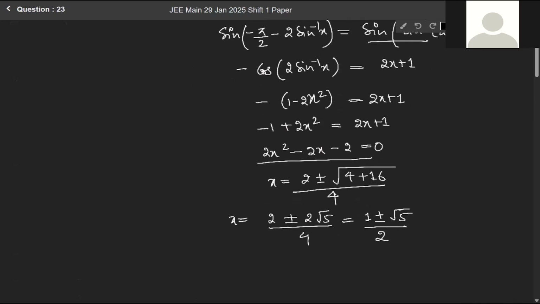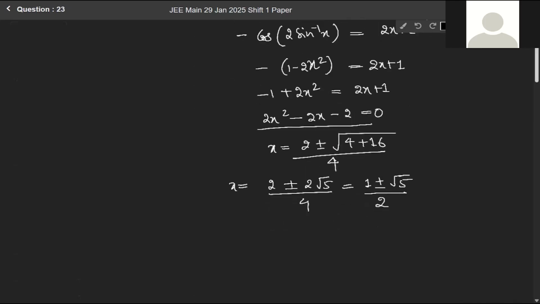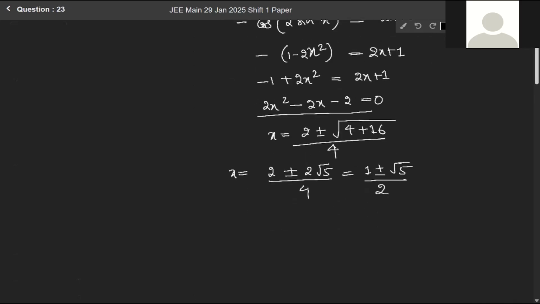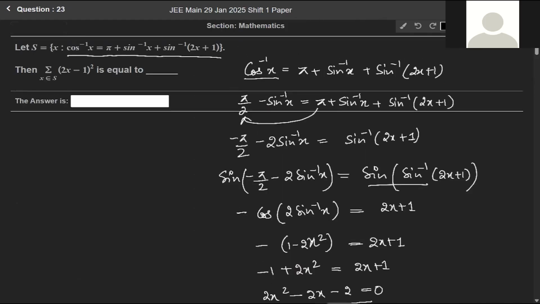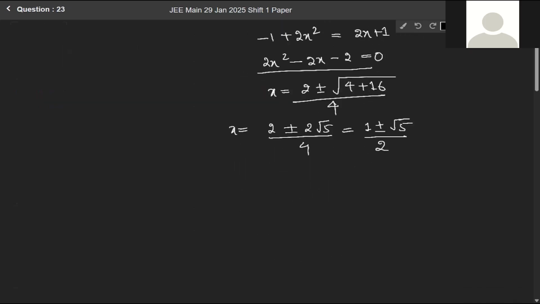So now we have to find the value of 2x minus 1 whole square. Either use 1 plus root 5 over 2 or 1 minus root 5 over 2.